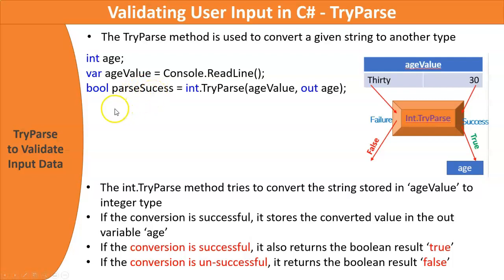That is, if parse success equals true, then we can say the conversion was successful and the user has entered a correct or valid type of data. Whereas, if the parse success was false, then we can conclude that it was an invalid data entered by the user. So this is how we can validate user input using the TryParse method and var type variable.